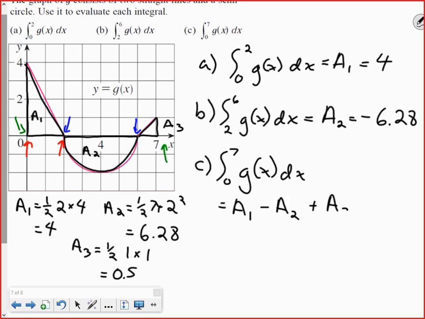But then we have to add on area 3 again. So we end up with a net negative value for that integral because the net area under the curve over this interval is less than 0.